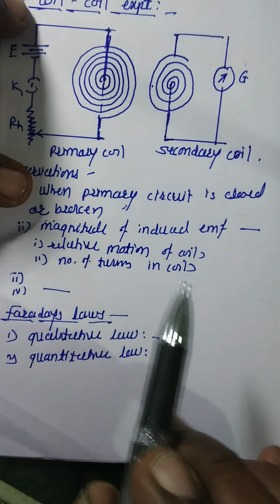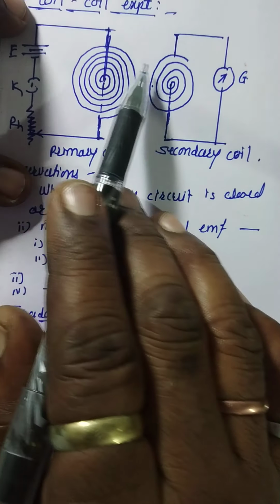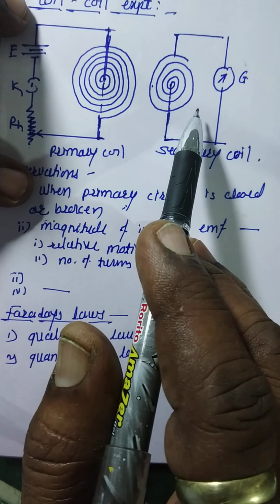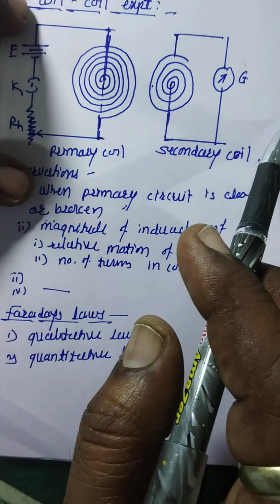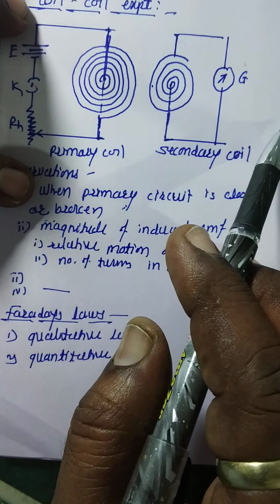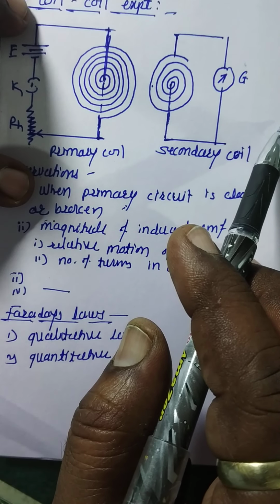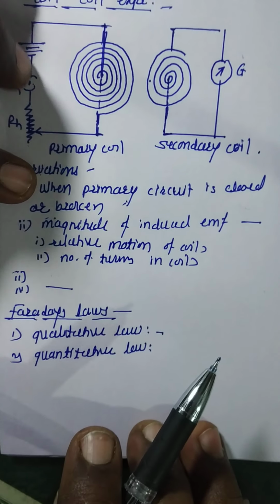Qualitative law: whenever there is a change in magnetic flux linked with a closed circuit, an EMF is induced in the circuit.